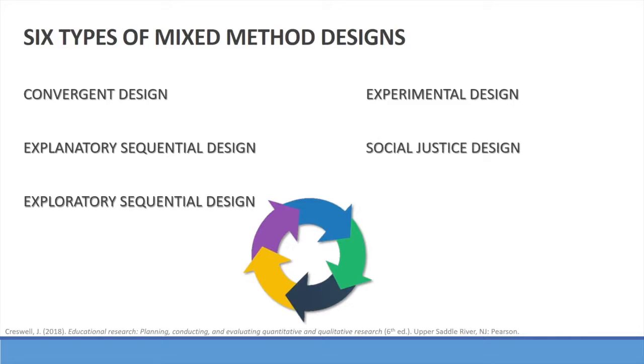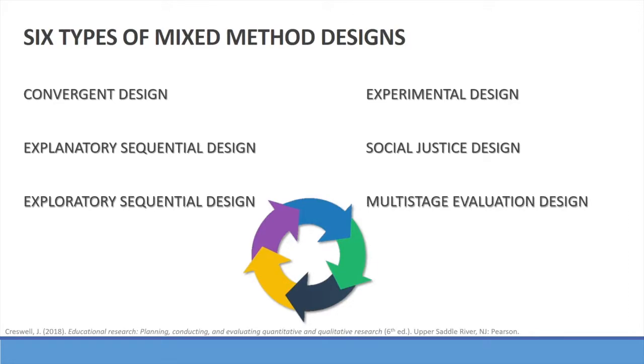Social justice design. The social justice design is a mixed method design in which a framework encases the convergent, explanatory, or exploratory sequential basic designs. It's often done with the participation of marginalized groups in a society and in communities. The typical frameworks found in mixed methods are feminist, racial, ethnic, disability, and gay or lesbian perspectives.